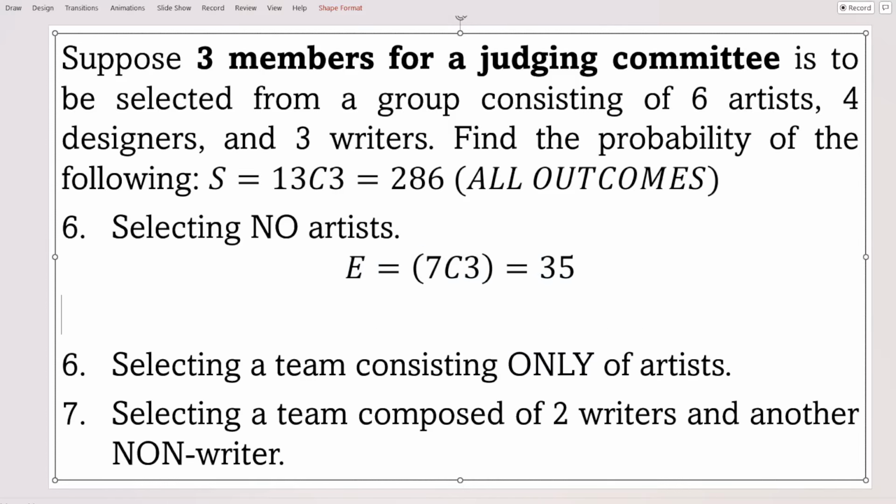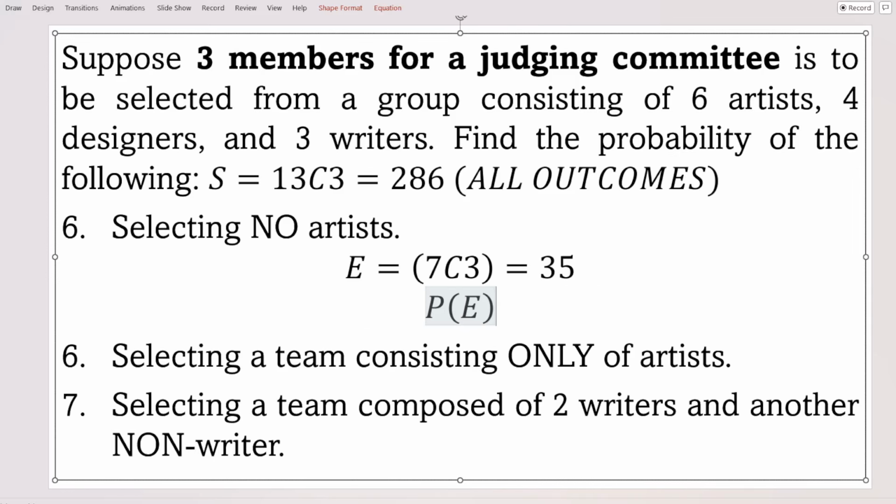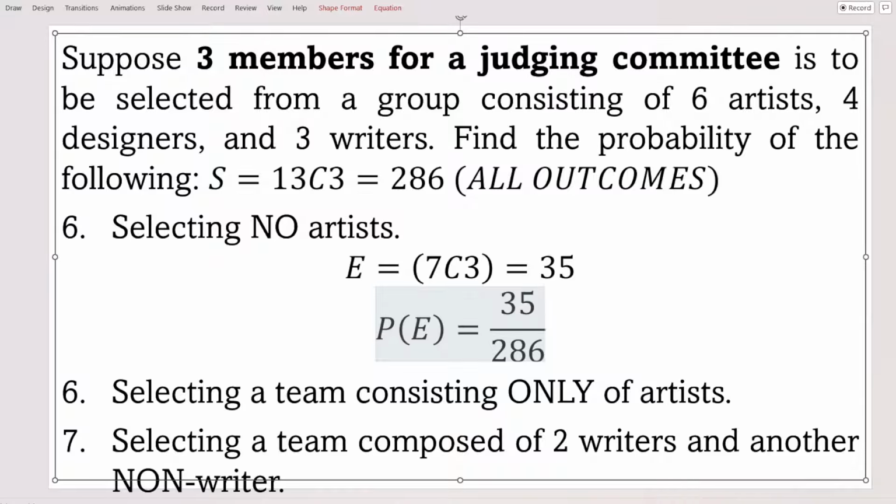Of course we need to find the probability of this one. The probability of E is equal to the number of outcomes that you want divided by all the possible outcomes, which is 286. So this one is 35 divided by 286. This is actually the lowest term already, so I'm just going to give you the decimal.